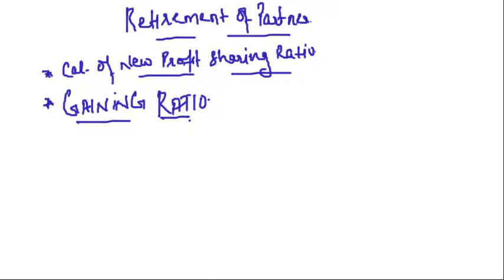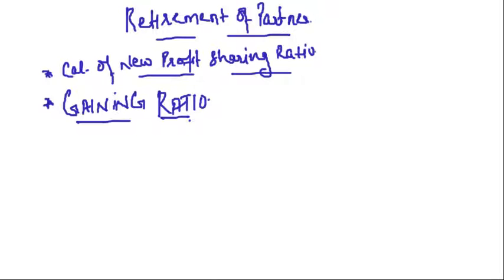First of all, one thing you must have understood, that in case of retirement, the remaining partners are acquiring the share of a retiring partner. It is a gain for the remaining partners, isn't it? Because they are acquiring the share of the retiring partner, they will now get more share in the profits as compared to the earlier share, right?